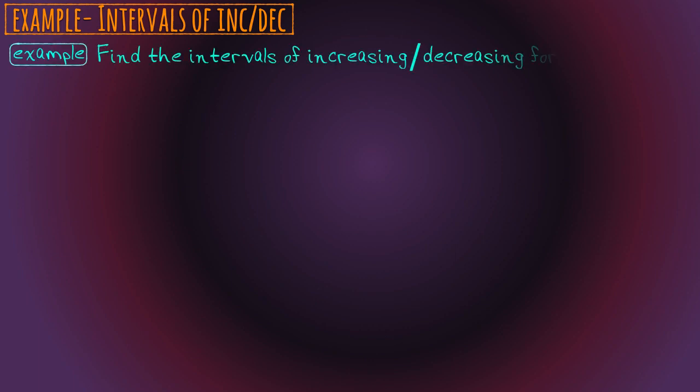So if we want to find the intervals of increasing, decreasing for this function, we need to figure out where the derivative is going to be 0. And then in between those critical numbers that we find, it's going to either be increasing or decreasing, one or the other.